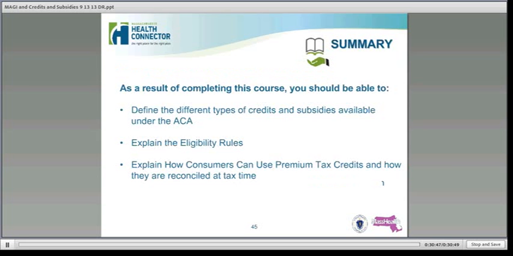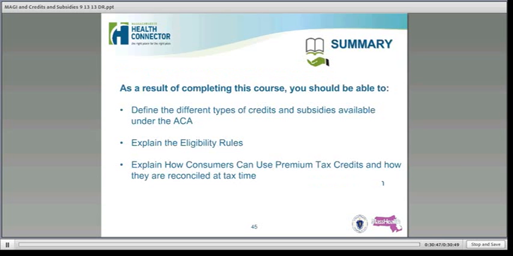The next couple of slides, and actually again, 27 is really important to note as well. If the individual or family receives advance payments that are greater than the final credit amount for which they are eligible, the amount that they would have to repay would be capped if their income is less than 400% of FPL.